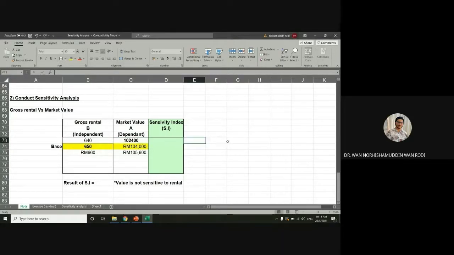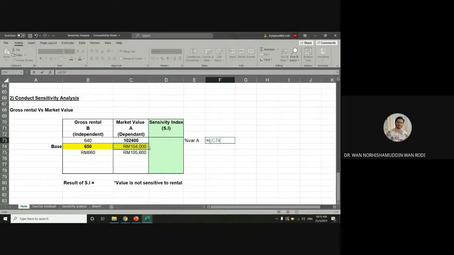So first, you have to calculate the percentage change in variable A. Variable A is the dependent variable. So percentage change in variable A equals A base minus A, divided by A base.